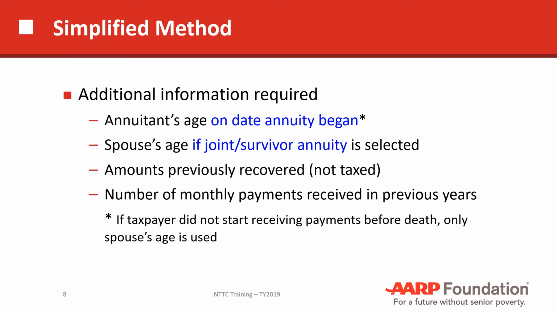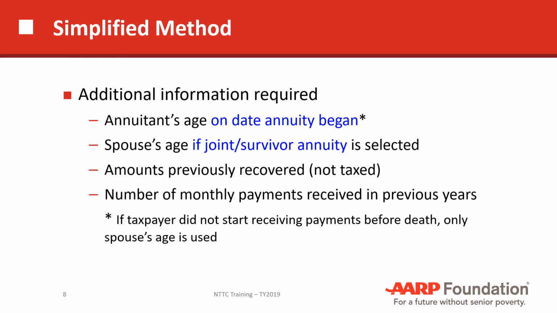The amounts previously recovered. So those are the amounts that were previously not taxed. So if they had filed previous tax returns that had amounts that were not taxed, those need to be accumulated and need to be placed into the calculator as well. The number of months payments received in previous years. So if we know how many months they had received payments in the years prior to the current year that we're doing taxes for, we need to know that information as well.